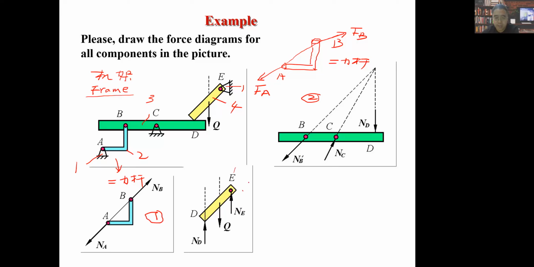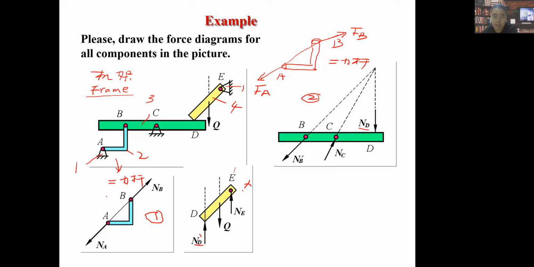So this one is not a double force equivalent rod. And if we draw like this, we use the 三力汇交定理. So you can find actually this should be denoted as ND prime. So this one and this one are a pair of action and reaction force.